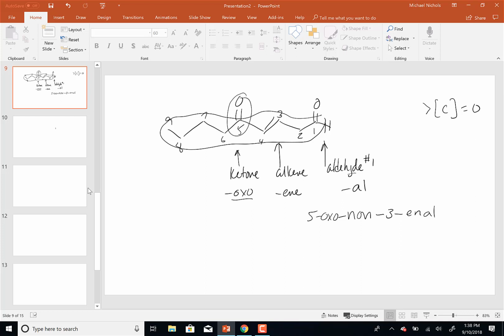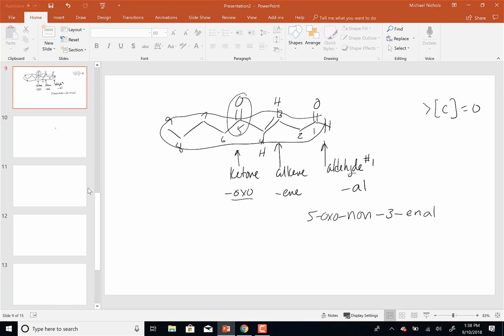Right, so what's the double bond? Trans. Again, we look at the double bond. There's a hydrogen here and a hydrogen there. When I have an alkyl group and a hydrogen on both carbons, I can use cis or trans.